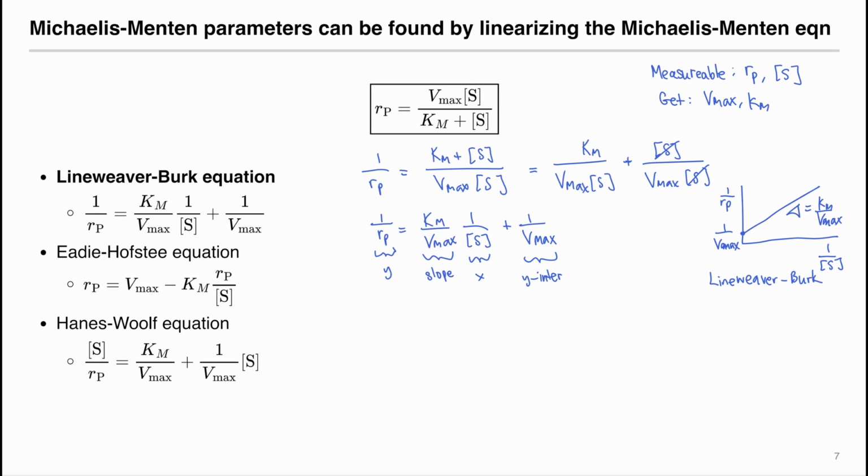We can also do other rearrangements, but the derivation is not shown here. So for example, here we have R of P as y, and R of P divided by S as x.